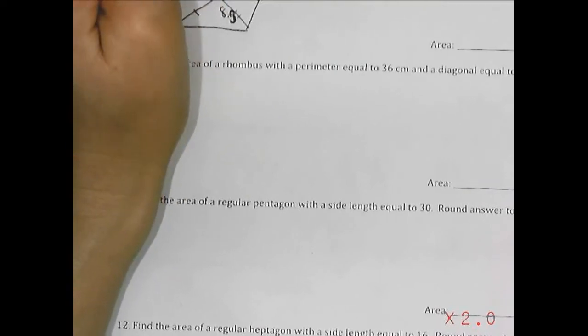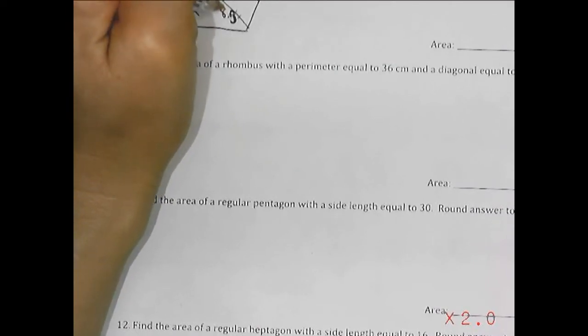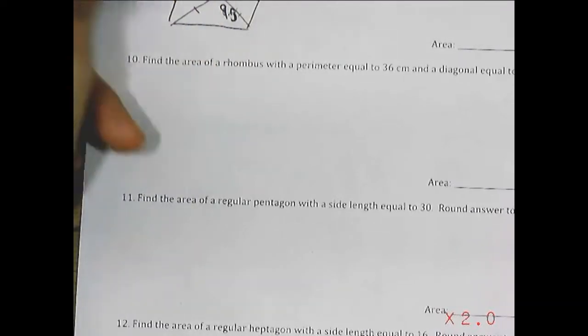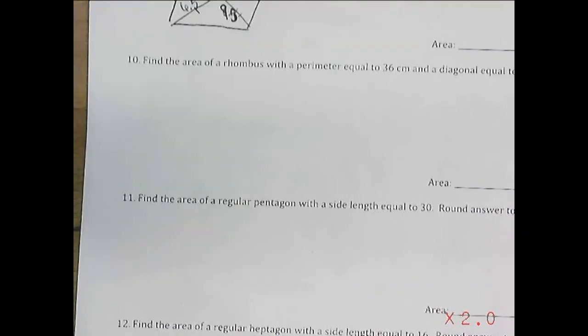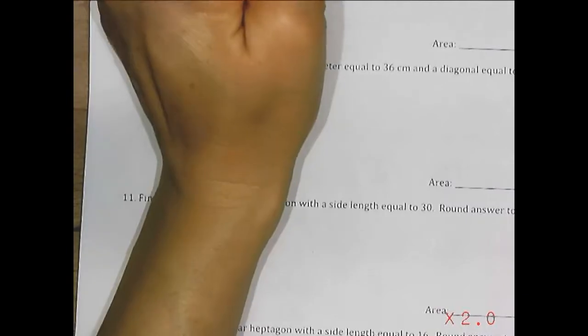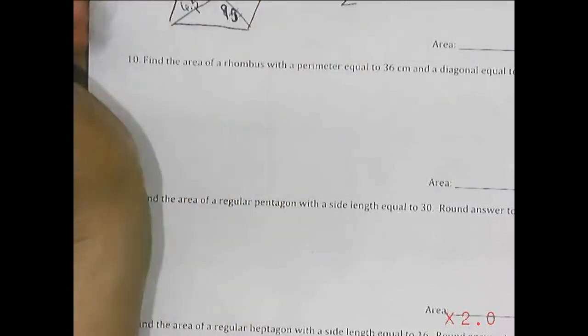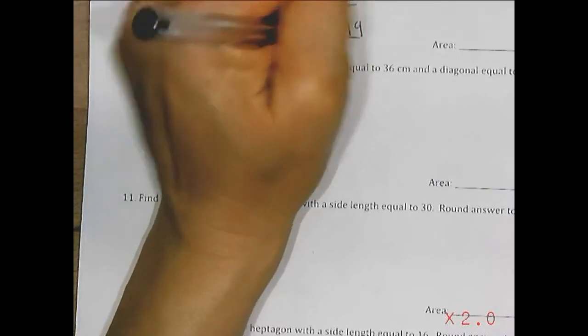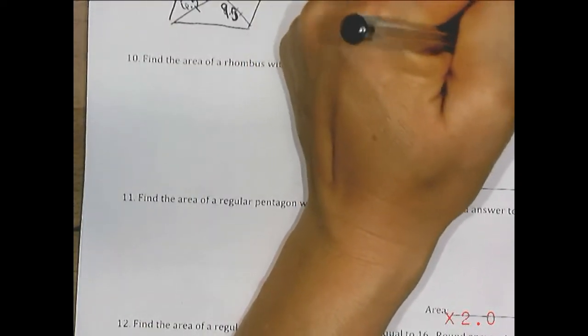Wait, sorry, that would be 9.5, wouldn't it? And then this piece would be 6.5 and 6.5. But it doesn't really even matter, right? Because all I need to know for the area of a rhombus is diagonal 1 times diagonal 2 divided by 2. So I would do 13 times 19 divided by 2, and I would get 123.5 inches squared.